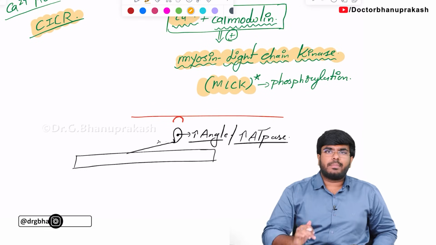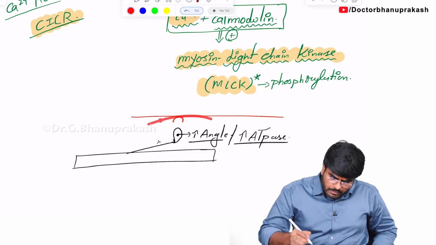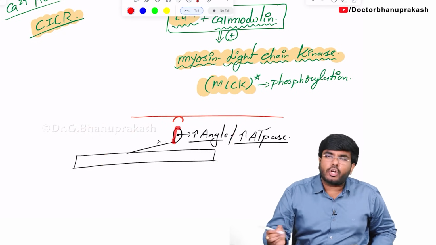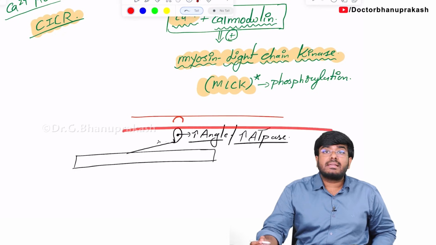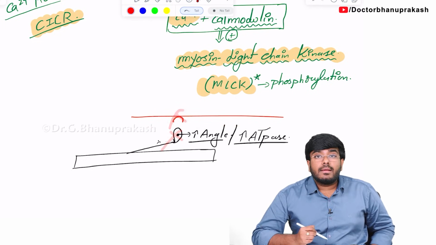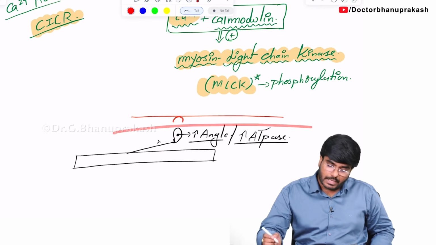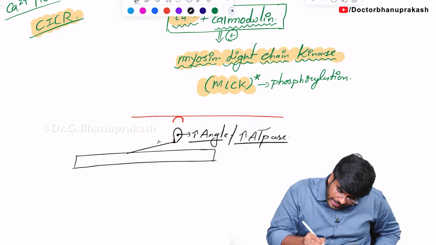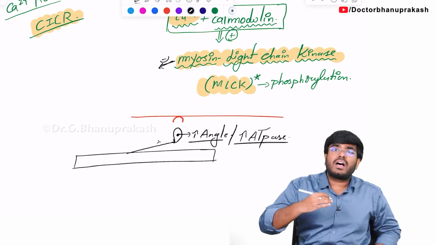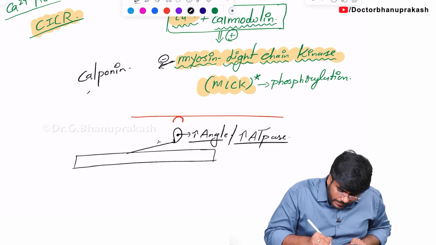Now the same enzyme has to do one more thing. In smooth muscle, I have told you that just increasing the angle is not enough. Who is going to prevent the binding of actin and myosin? In smooth muscle, calponin and caldesmon try to prevent the binding of actin and myosin. So the same myosin light chain kinase is going to phosphorylate calponin and caldesmon.